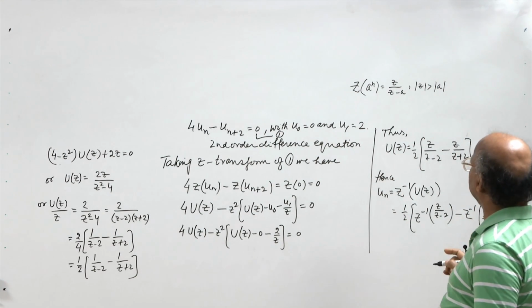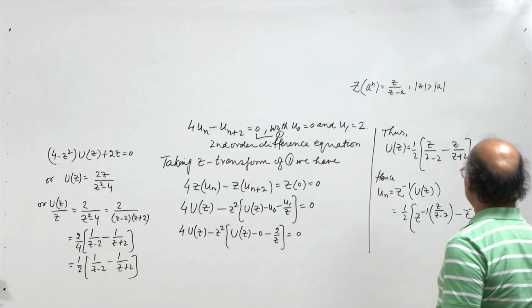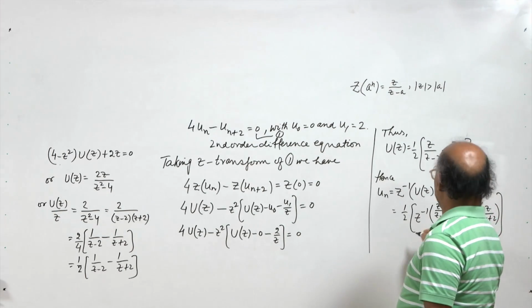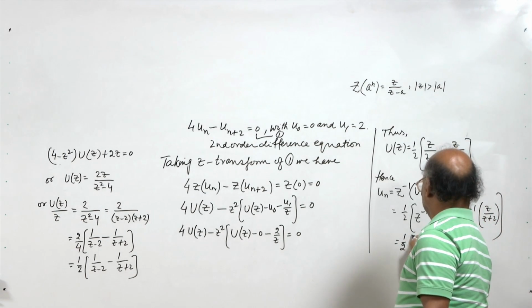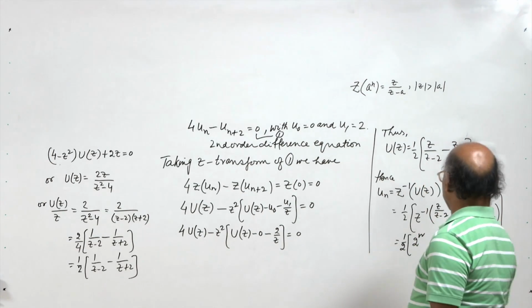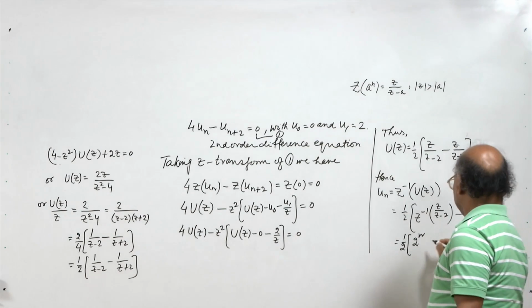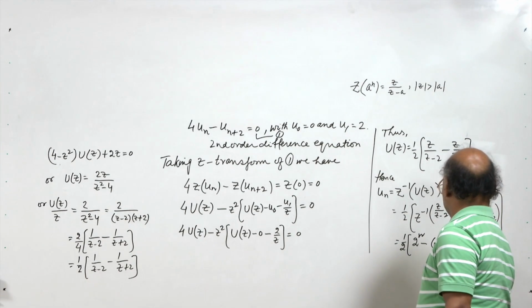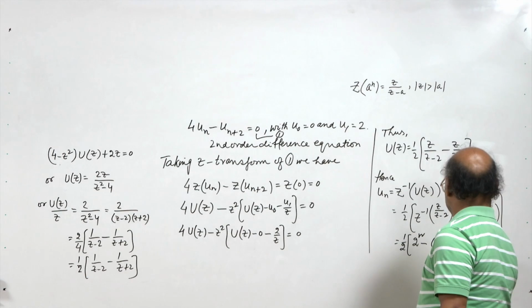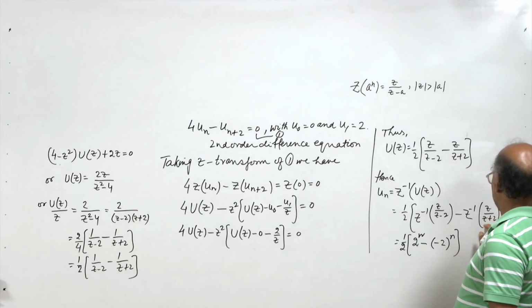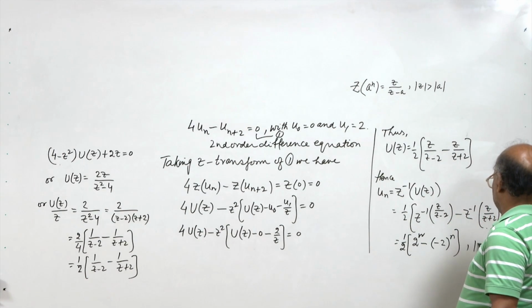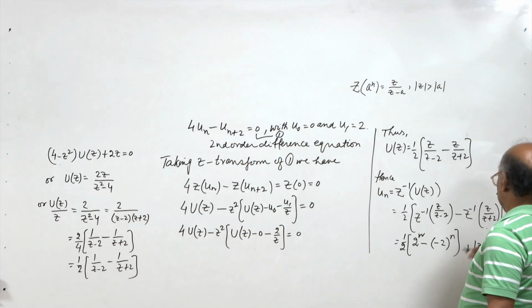So Z inverse of z over z minus a will be a to the power n. So here we have 2 to the power n, for which mod of z must be greater than 2, and from the other term we get minus 2 raised to the power n. So mod of z must be greater than 2 for this to be true.